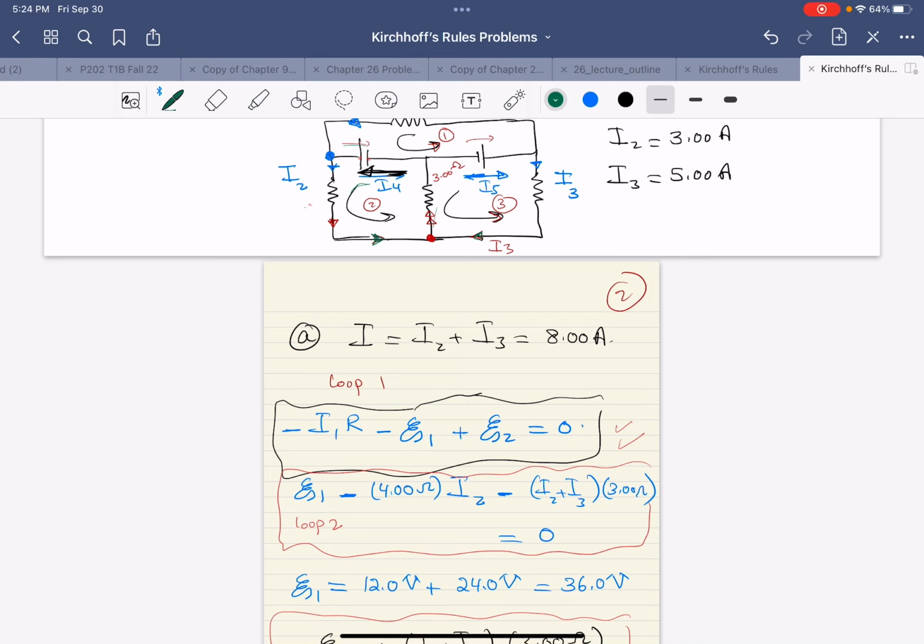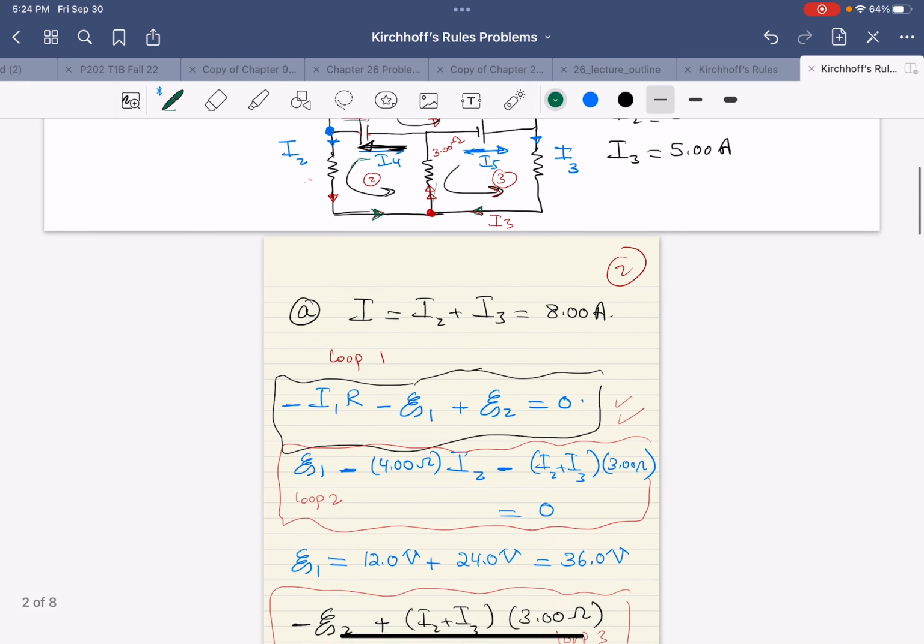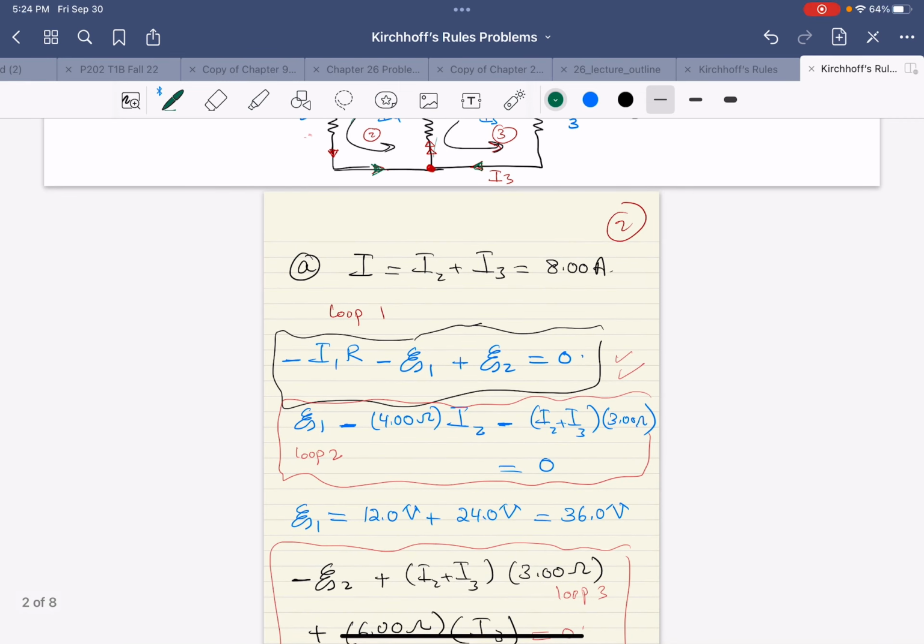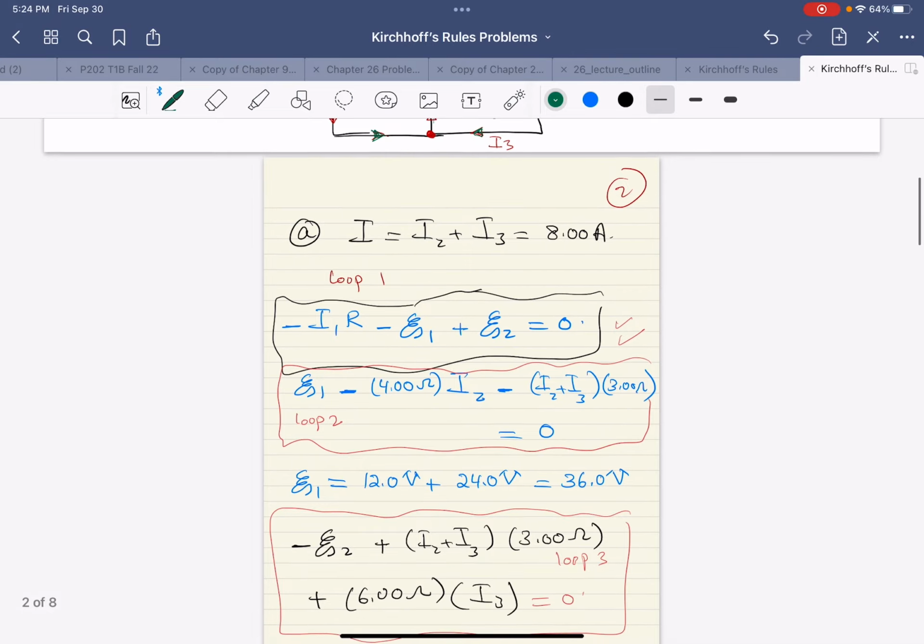And then I go through the 3 ohm resistor, which has the two currents, minus I2 plus I1 times 3, and this always equals 0. Now, from this, you know that I2 is known and I3 is known, so I will be able to calculate EMF1 from these numbers, and it's going to be 36 volts.